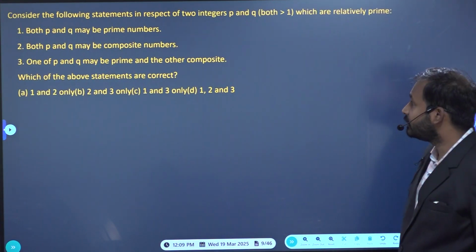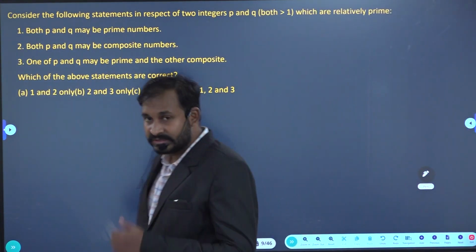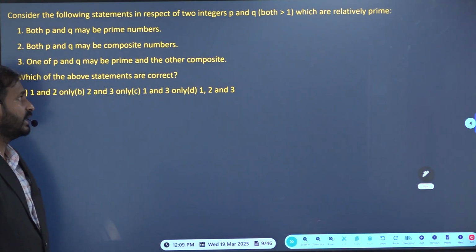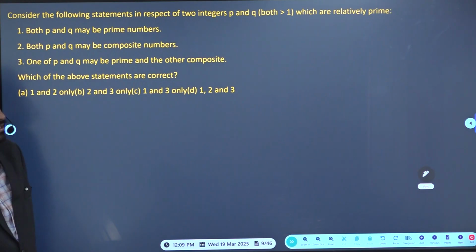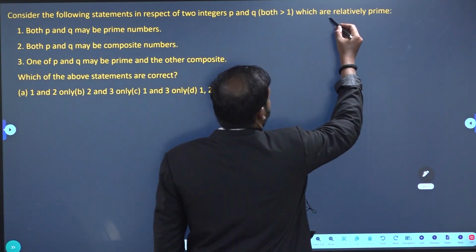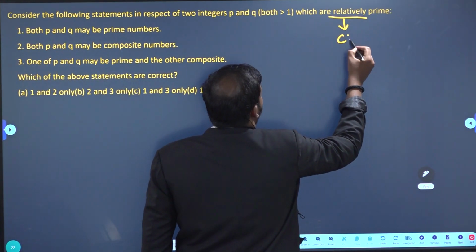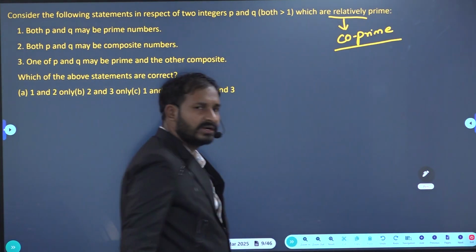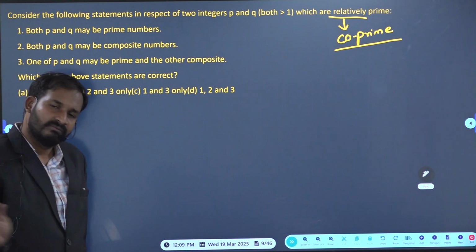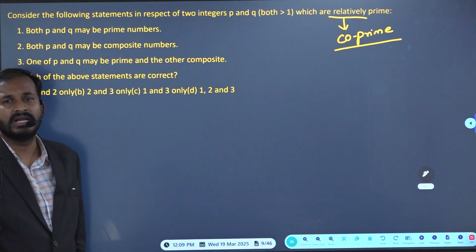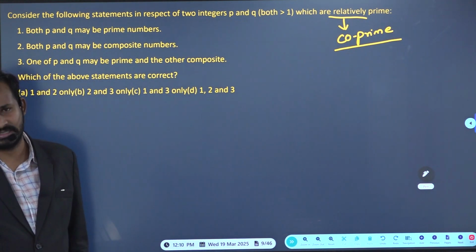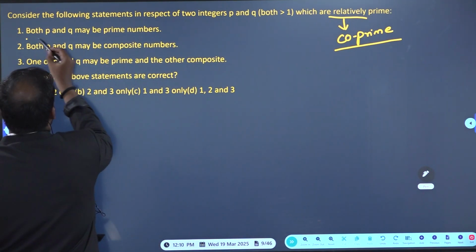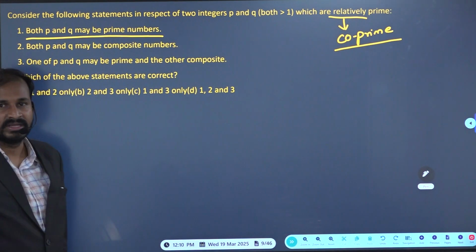Next one. Consider the following statements in respect to two integers p and q, both greater than 1, which are relatively prime. See here, students, relatively prime and co-prime are more or less the same thing. There is a slight difference, but we don't require that difference. In our case, we consider relatively prime and co-prime both the same.